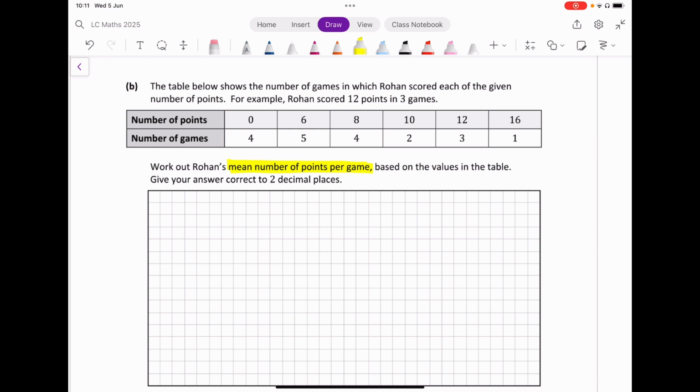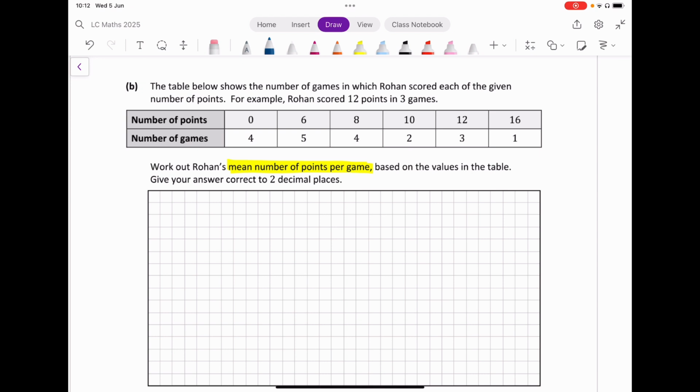Now, a very common mistake here will be to add up the top and the bottom and divide by each other. But remember what that actually means. To get the mean, you add up all of the numbers of points and you divide by the number of games.